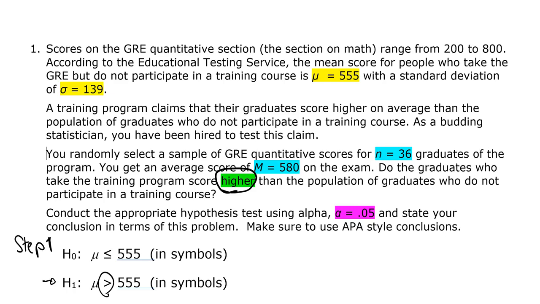So the training program is basically saying, yep, our graduates score higher. So the research hypothesis is mu greater than 555. And so that leaves a null hypothesis of mu less than or equal to 555. So you can see that this is the full range, right? And this is how it's set up in symbols.